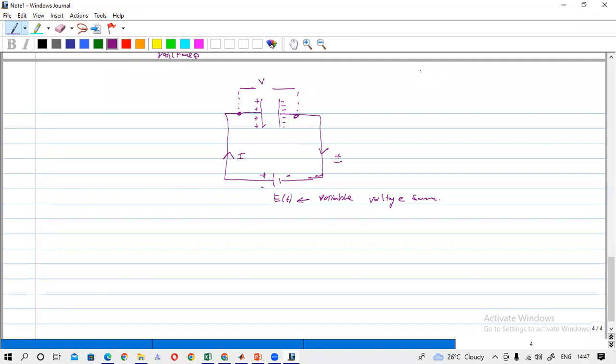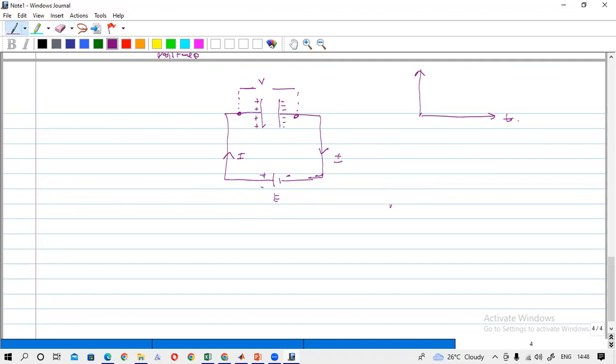If I write the voltage between the two plates, let's say that this is not variable. Let's say it is a constant voltage source. I think that scenario is easy to understand.